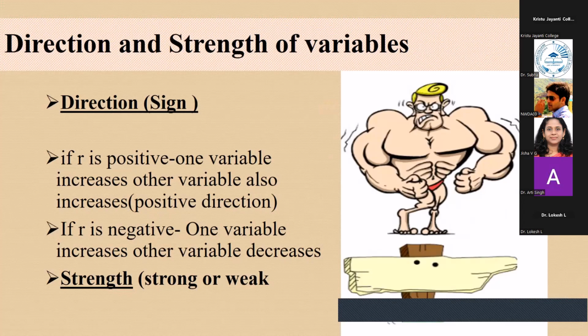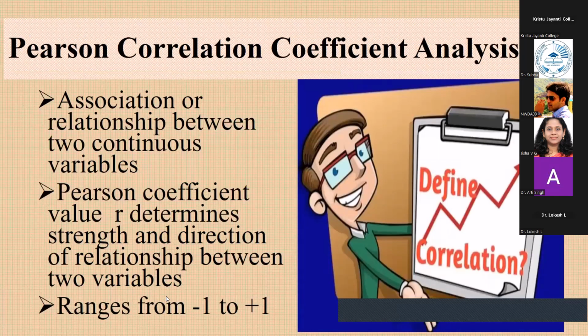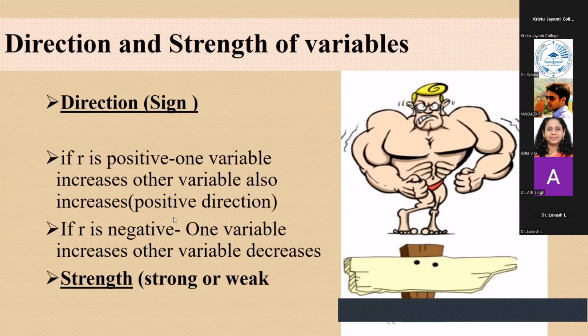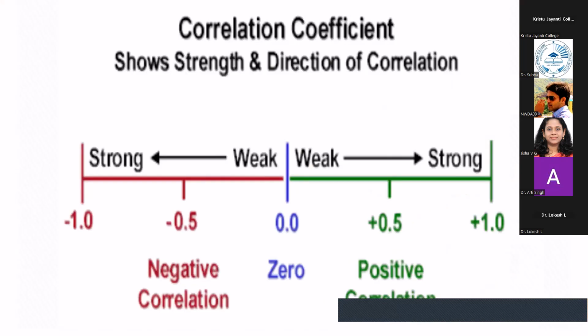And strength means how strong or how weak the relationship is. The correlation coefficient value, from -1 to +1, tells about the direction, and it also infers the strength of the relationship between the two variables.